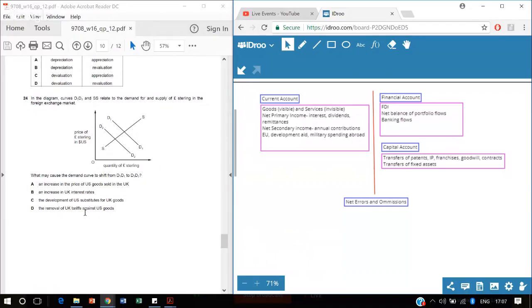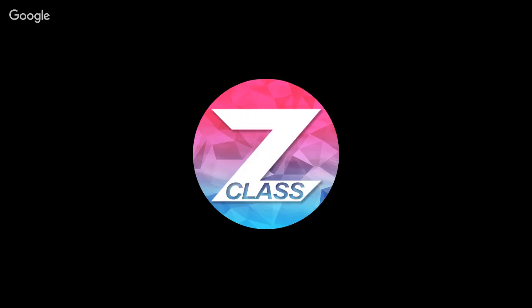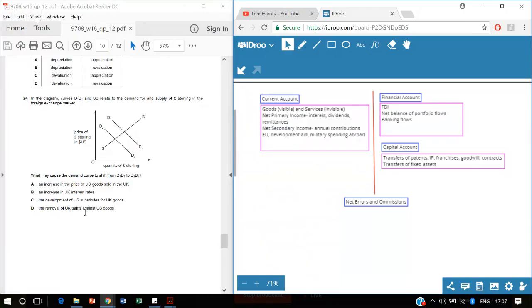Sorry, change supply? Yeah, change supply as well. It would change demand and supply most likely. How would it change demand as well? So demand for pounds, it wouldn't change demand. Yeah, you're right. Okay, so I'm very flustered.